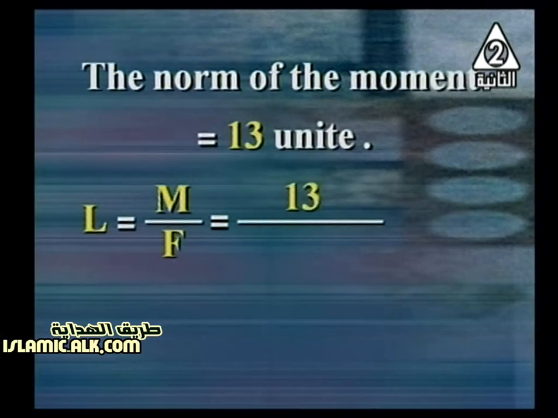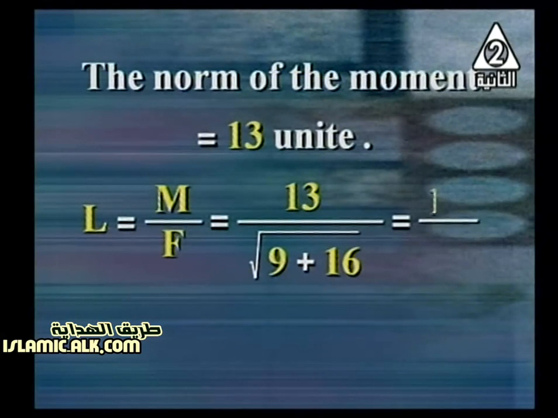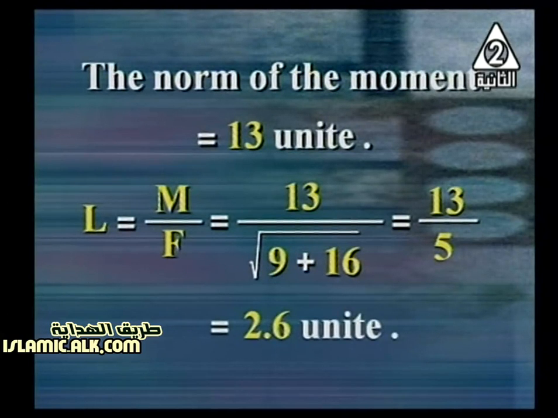What is F? The square root of 3 squared plus 4 squared equals 5, so 13 over 5 equals 2.6 units. The norm of the moment equals 13 units, and the length of the perpendicular L equals M over F, which equals 13 over 5, equals 2.6 units. Now we translate to another example.